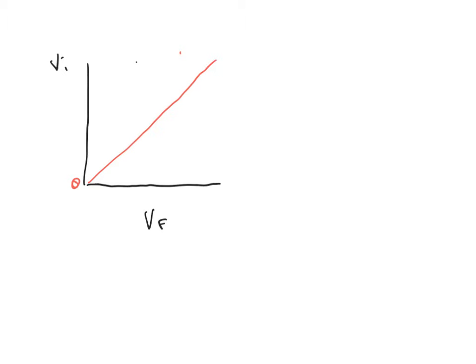The other two, though, maybe are a little bit less clear. So let's look at the mass of the first cart, so the mass of the cart rolling down the hill, and that was probably more of a curved relationship, so something maybe like this.